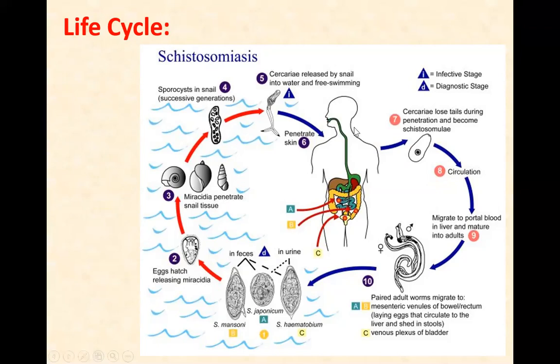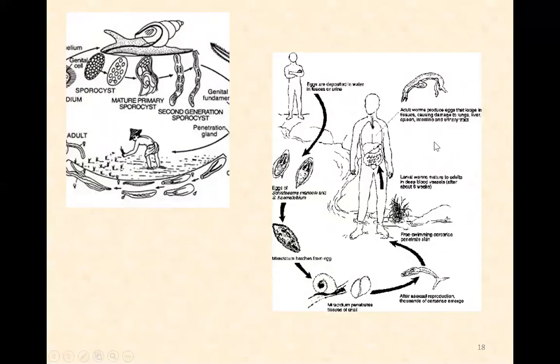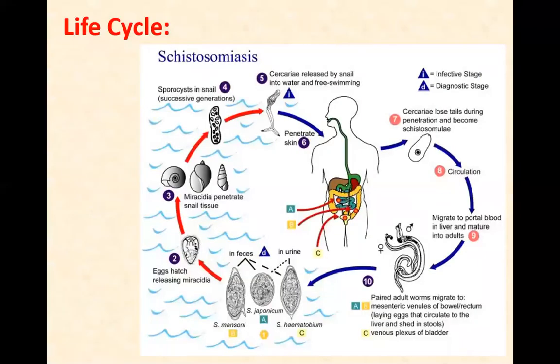After penetrating the intact skin of a human being, the cercariae lose their tails during penetration and become schistosomula. These schistosomula reach the circulation, and through blood, they migrate to portal circulation, portal blood in the liver.